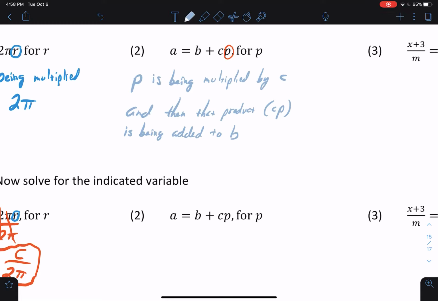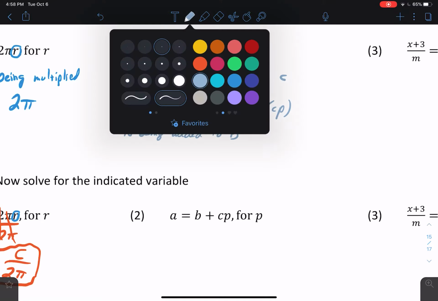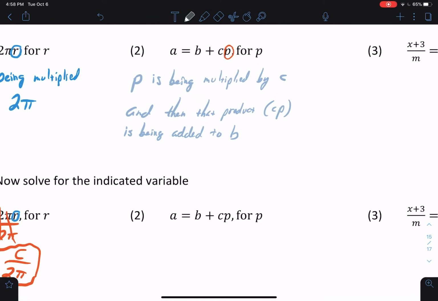So let's ask ourselves, how would we solve this equation? Sometimes what I like to do is rewrite this equation, plugging numbers in for everything but the variable I'm solving for. Let's make it a little bit more relatable to what we've been solving. What if I'm just making up numbers here, what if I called this 10 equals 2 plus 3p?